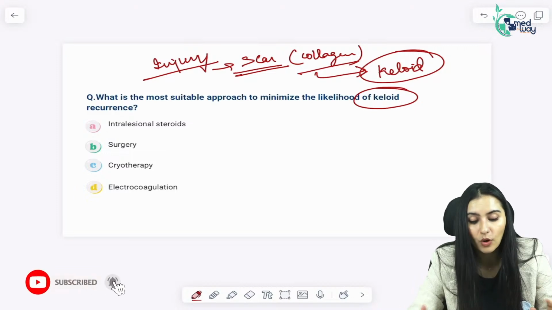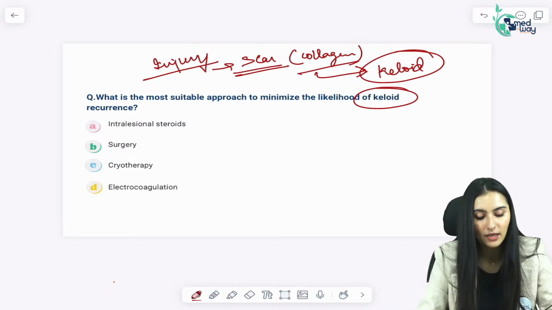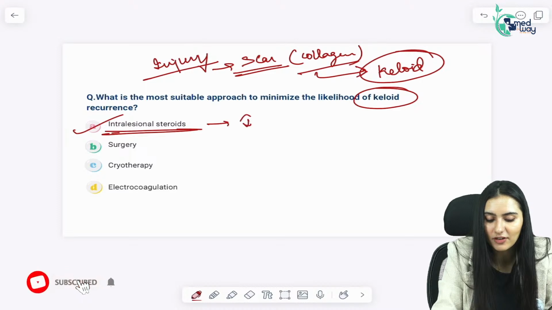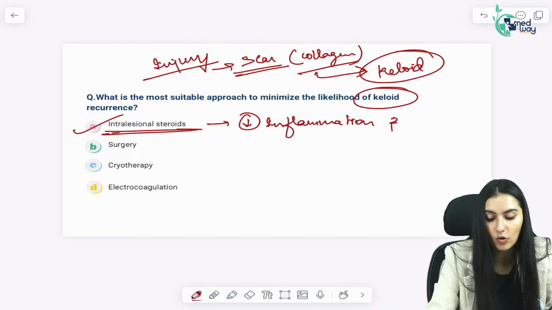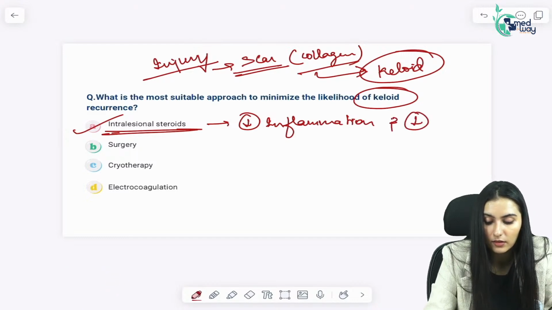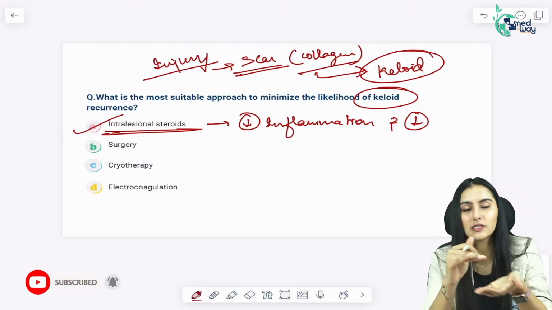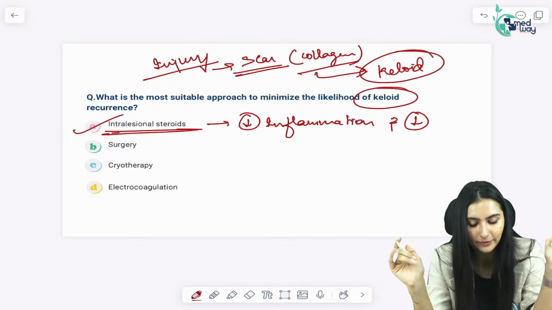What you do to decrease the chances of a person developing a keloid is intralesional steroids. Why? Because it reduces inflammation and it also reduces excessive collagen deposition. So the collagen also reduces, as a result of which your scar is not that elevated. It is a flat scar, does not look like a keloid.